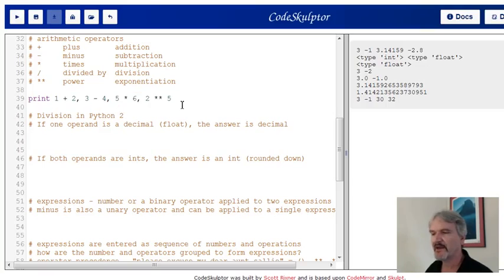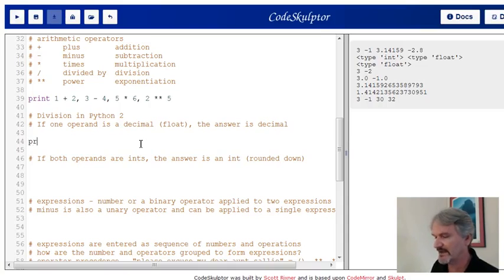One operator that you should pay attention to in Python is division. The way the division operator works in Python 2 is different than the way it works in Python 3. In Python 2, if one of the operands is a floating point number, then the result of division is also a floating point number, and it approximates the actual division.